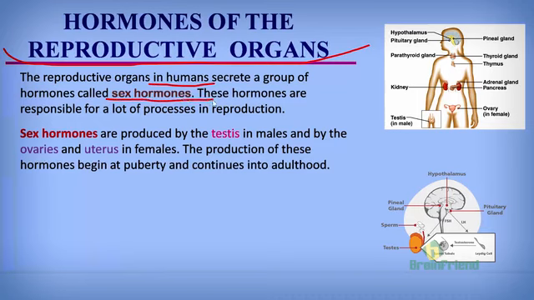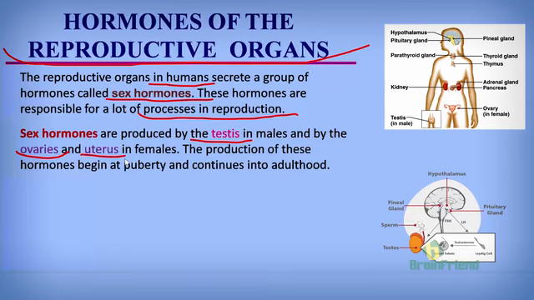These hormones are secreted in males as well as in females. Sex hormones are responsible for all of the processes in reproduction. Sex hormones in males are produced by the testes, and those in females are produced by the ovaries and a little by the uterus.